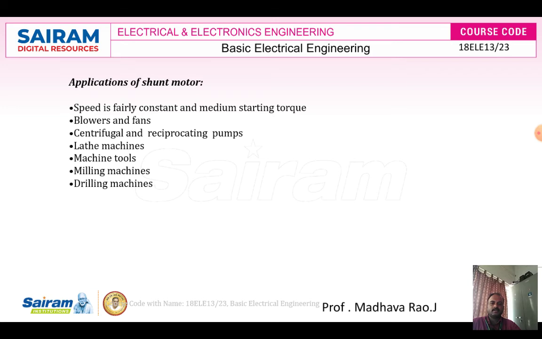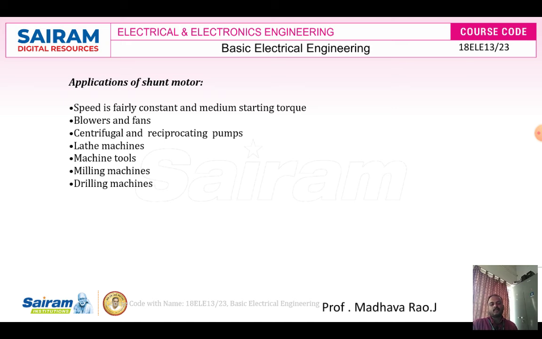And next one, the shunt motor. The shunt motor is a constant speed motor, and the starting current Ia is very low. Since DC shunt motors have low starting torque, they are used in fairly constant, medium speed applications.